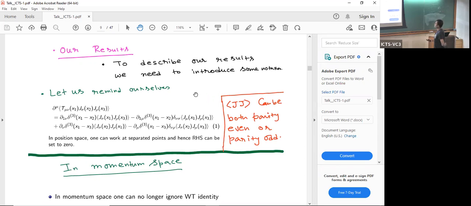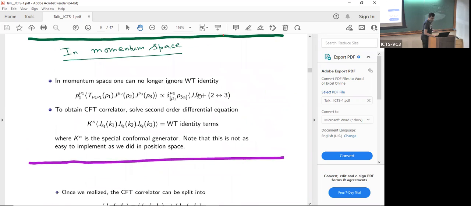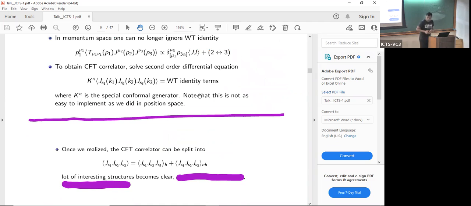At separated points, the right hand side is just 0. But now in momentum space, you can no longer ignore this Ward identity, meaning there is no notion of working at separated points. So you have to consider this Ward identity always.